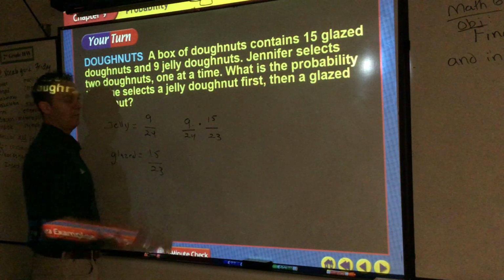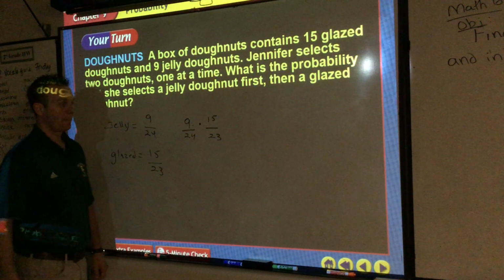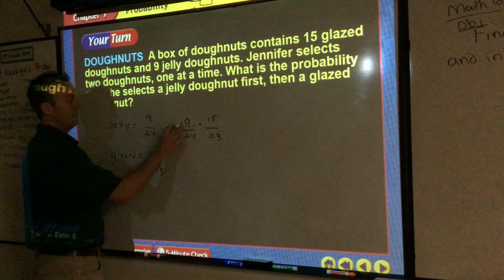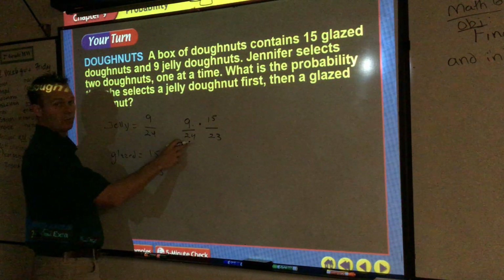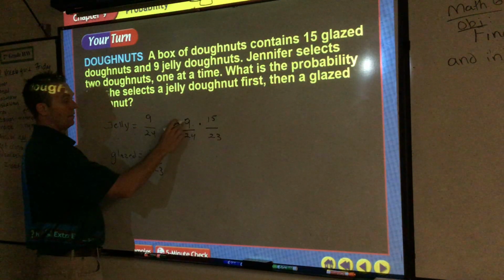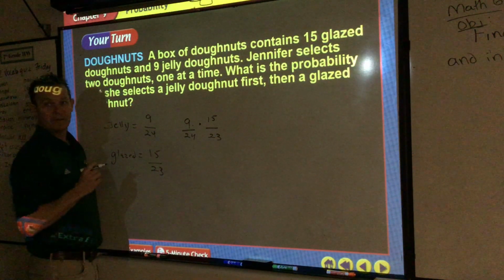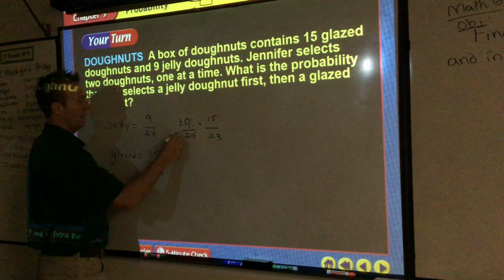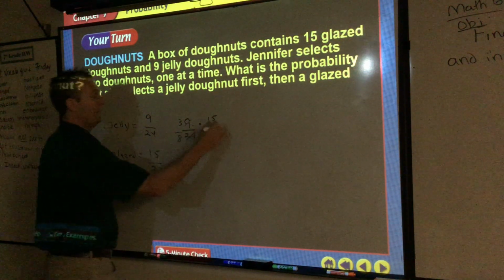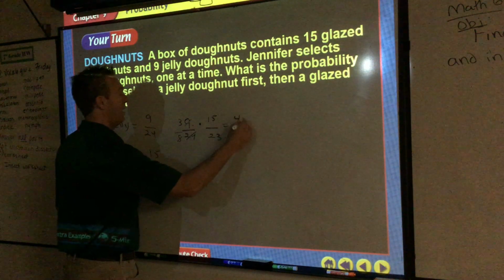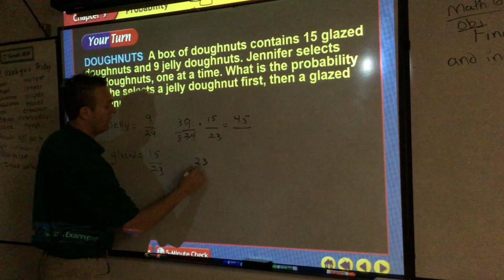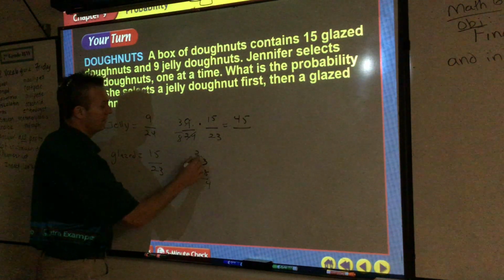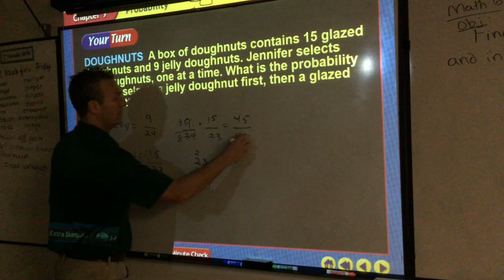Can we cross reduce anywhere on this one? I think that these could be simplified, right? 9 over 24. 3 goes into both those numbers, does it? Yeah. 3 over 8, right? That makes it easier. 3 times 15 is 45. And 23 times 8 is 184.